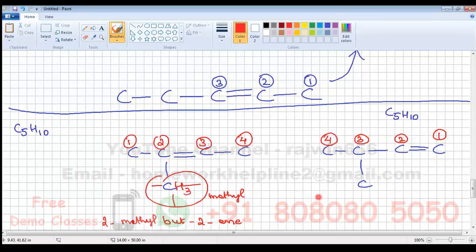The CH3 is on the third carbon atom, so this is going to become 3-methyl. But the double bond is between the first and second carbon atom, so 1. These all will have molecular formula C5H10 only. So these all will be considered as isomers of pentene only. The only thing is that here branching is there.